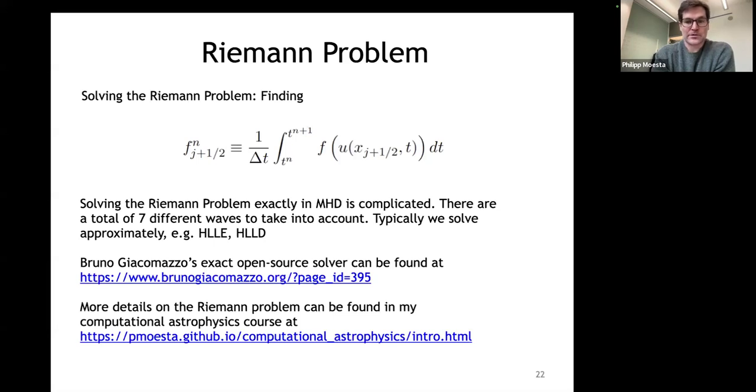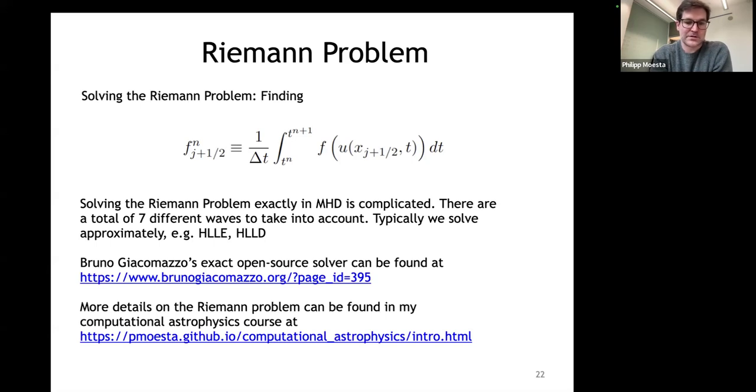That would be way too expensive to do in an actual evolution code for every iteration, for every point. So what we end up doing is using approximations of these Riemann solvers, and there are various levels. Some of them, like HLLE and HLLD, take only part of that solution into account and then solve the Riemann problem in an approximate way.